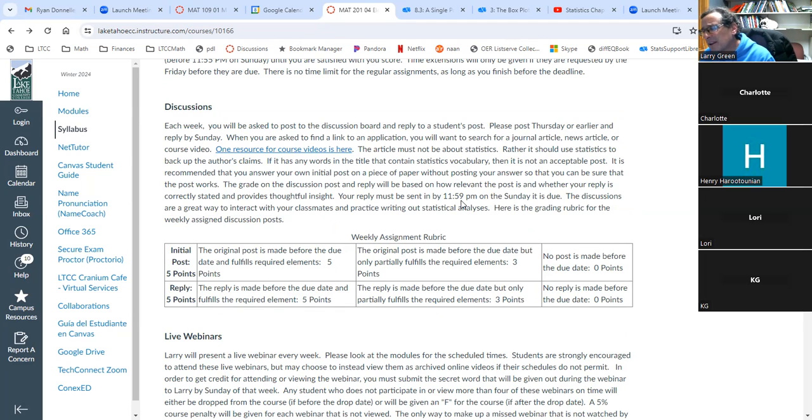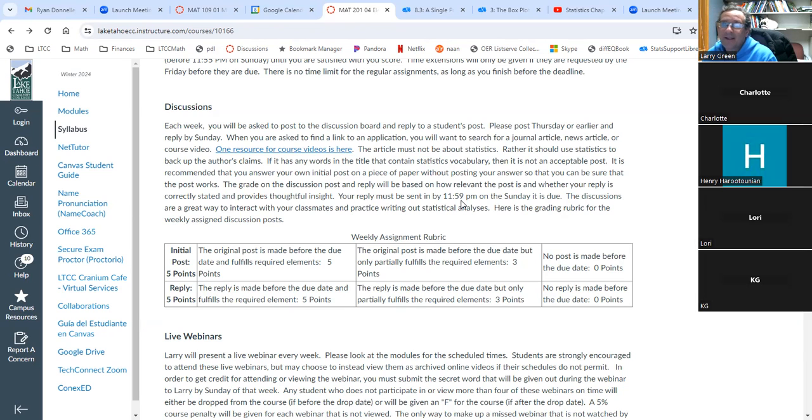Okay, there are discussion posts that are due, and now I'll get into a little more. It's a little confusing because the way Canvas works is that I only get to post one due date for the discussion post. There's a due date for that discussion assignment. That due date is Sunday. But by Thursday, you have to put your initial post. Sunday is the date at which it has to be finished, as in you have answered your classmates' post.